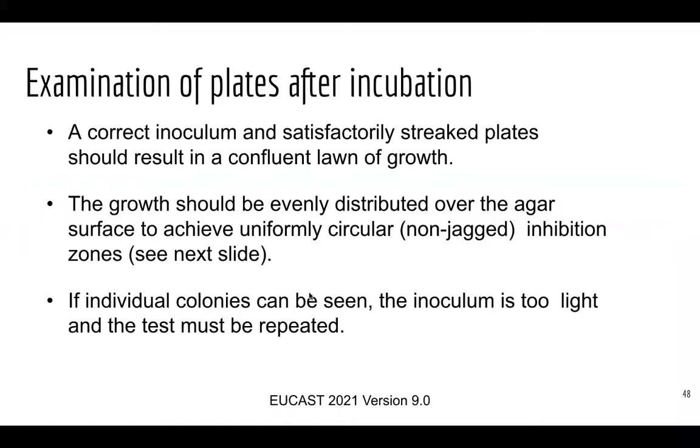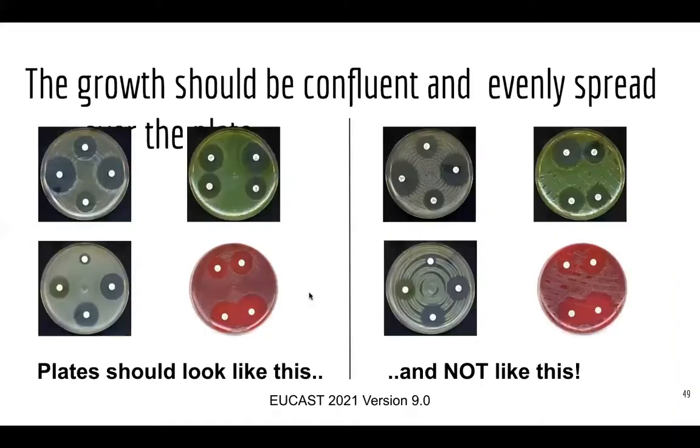So this is the examination of plates after incubation, so we can have a look. This is sort of what you might be getting. When we mentioned before about using the disc rotator, if you do it too quickly, you can get streaks like this, especially if it's gram-positive bacteria, and you can see that it makes the lines not very good.